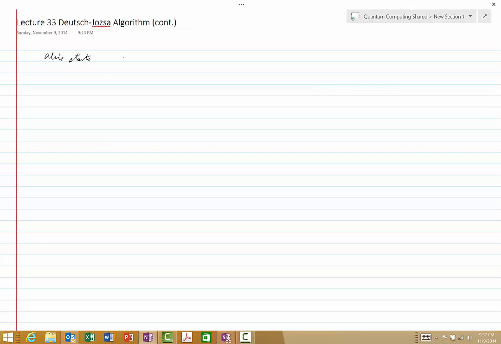So Alice starts with a state that we will label as C0, and it's given by the following. So in other words, it is an n plus 1 qubit state.